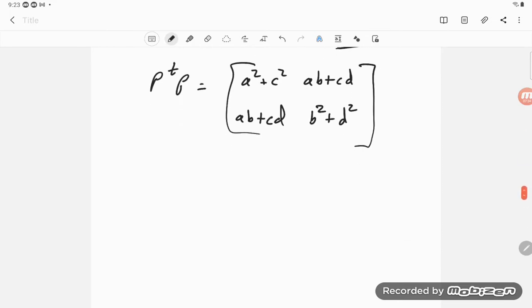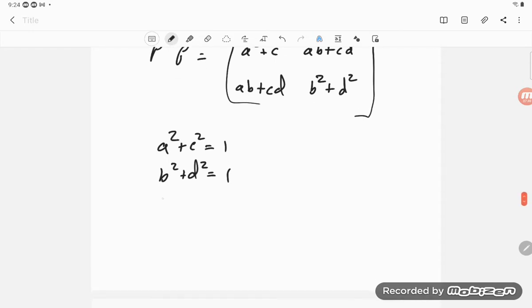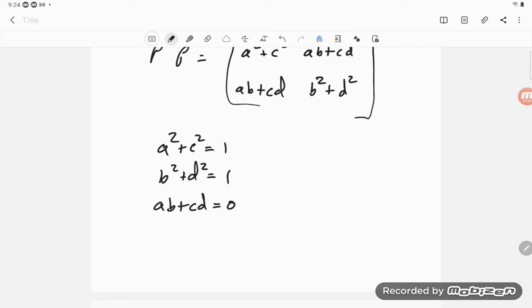Now what I know is that A squared plus C squared has to equal 1, and B squared plus D squared has to equal 1, and AB plus CD has to equal 0.